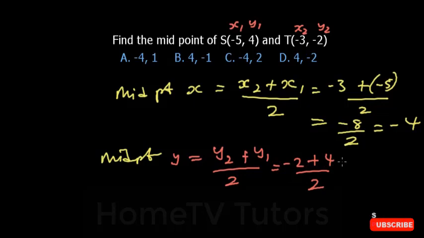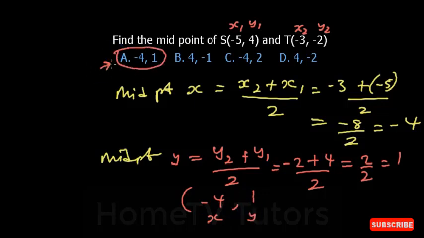Minus 2 plus 4 will give us 2. 2 divided by 2 gives us 1. So the midpoint is minus 4 and 1, that is x and y, and the answer option A is the right answer.